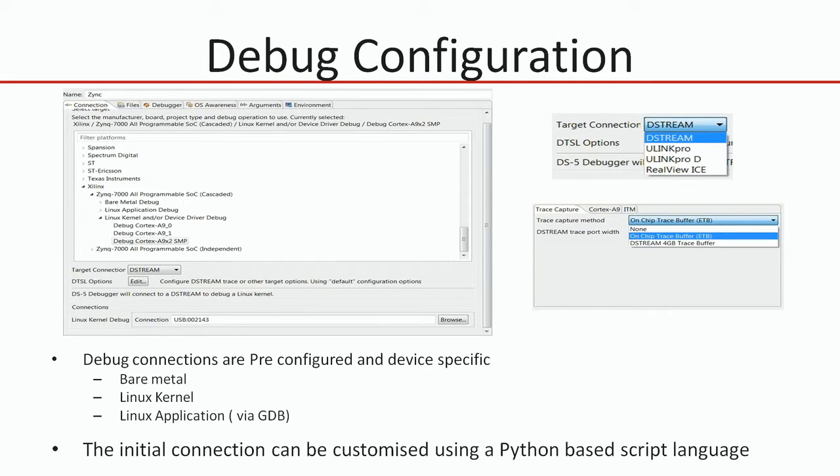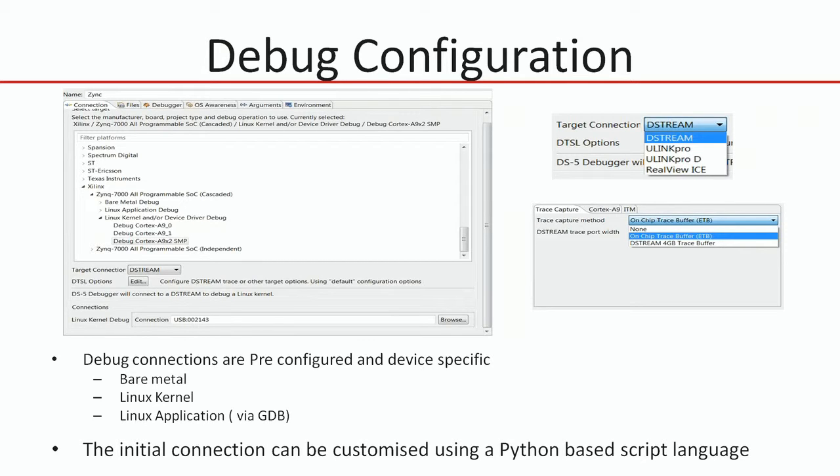Again, as I mentioned, one of the big strengths of DS5 is that it understands a very wide range of application-specific devices. So when we come to set up a debug configuration, we can define the debug connection by selecting the device that we want to use, in this case a Xilinx Zynq-based device, and then we can define the type of debug connection that we want.